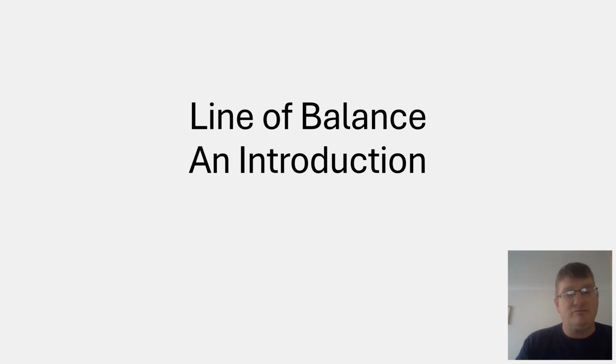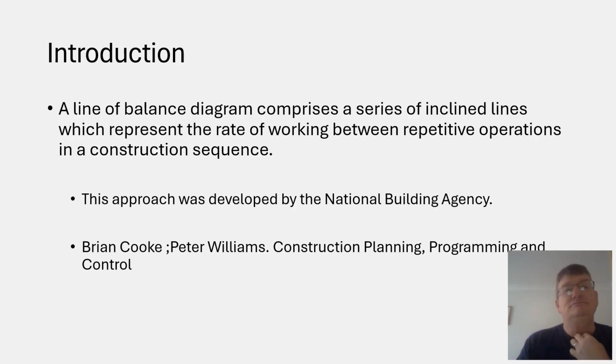So if we just move on to the next slide. A line of balance diagram basically comprises a series of inclined lines which represent the rate of working, particularly with regards to repetitive operations in a construction sequenced operation.